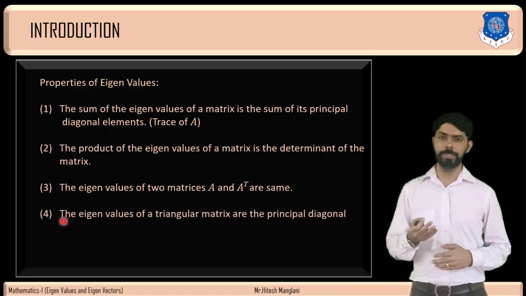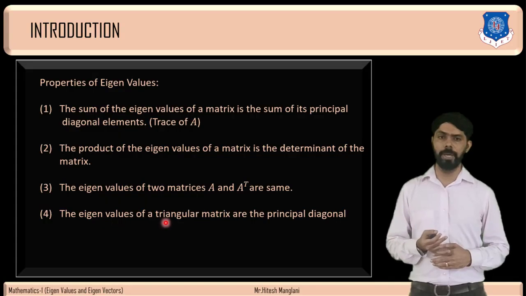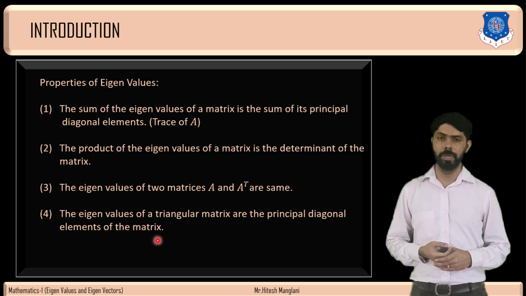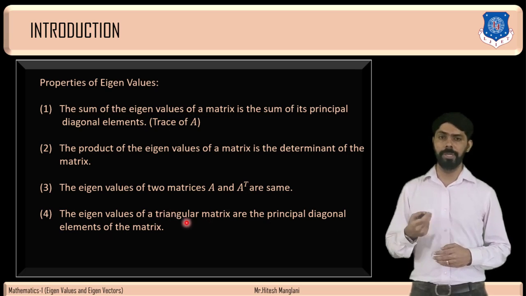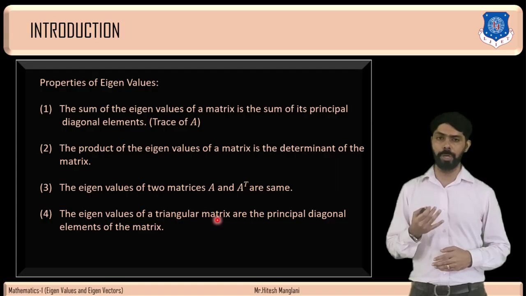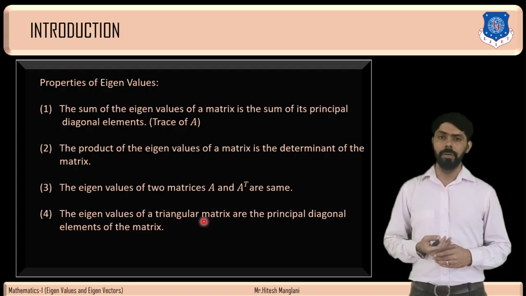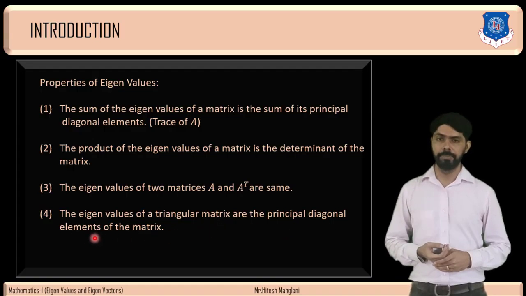Now the fourth property is that the eigenvalues of a triangular matrix are the principal diagonal elements of the matrix. Whether it is an upper triangular matrix or a lower triangular matrix, the eigenvalues will be its principal diagonal elements.